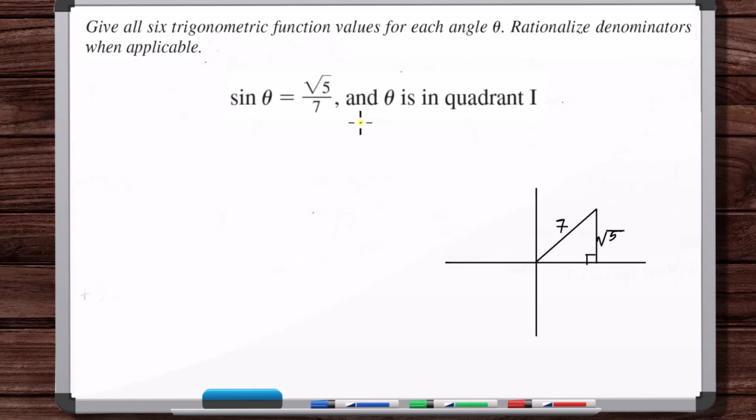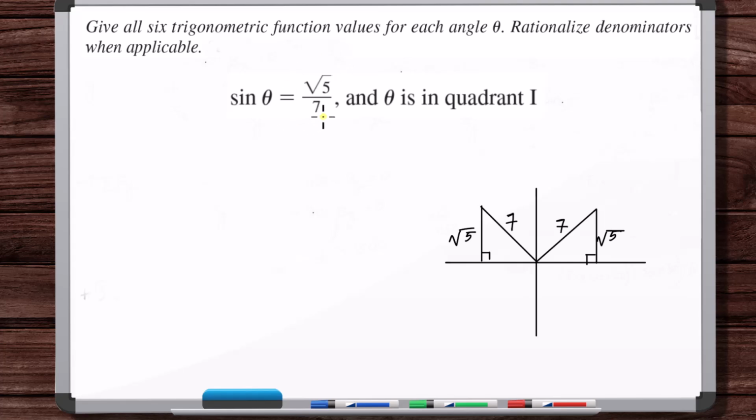But we need to know that it's quadrant 1 because, let's say it was quadrant 2, or let's say it didn't tell us the quadrant. Well, let's draw a triangle in quadrant 2. It gives us that this is the sine here. This is useful because we can put 7 and we know it's positive y. Otherwise it would be negative.